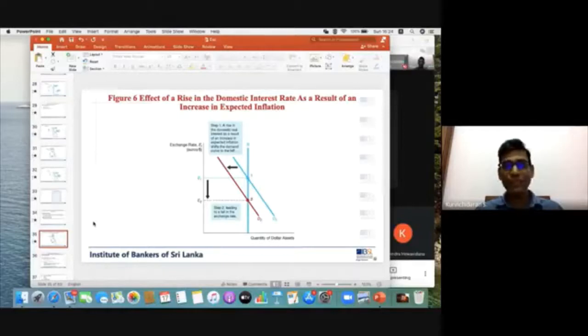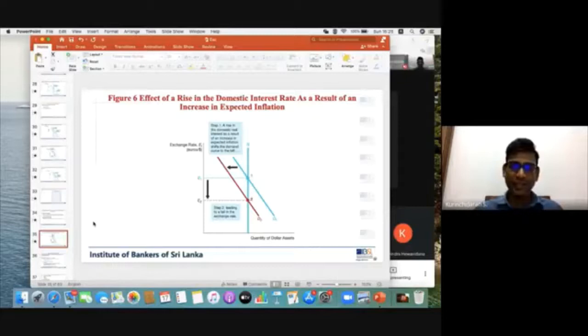And next, what we are going to see is the foreign exchange market: how the players try to manipulate these exchange rates and gain out of that, right?